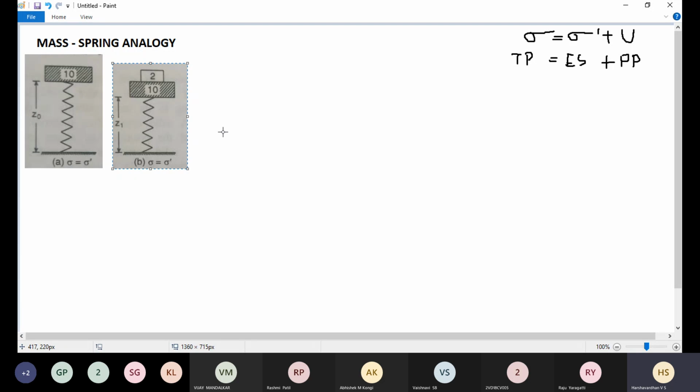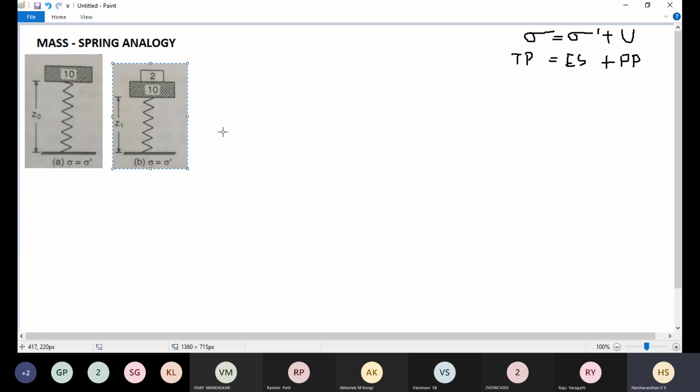So the length of the spring is reduced to Z1. So there is a settlement, there is a compression. Now also the entire 12 units of load is borne by the spring. The extra 2 units which we are adding is also carried by the spring. So whatever load is there, it is carried by the spring. So this is the first case.